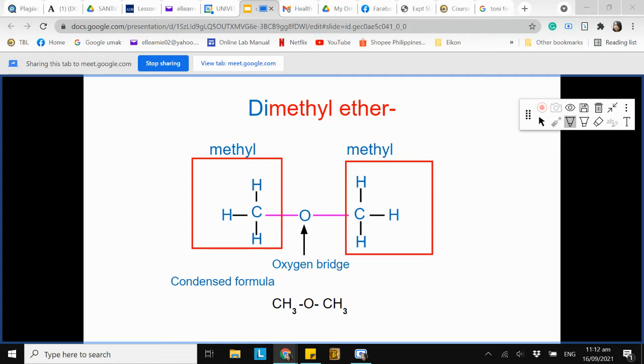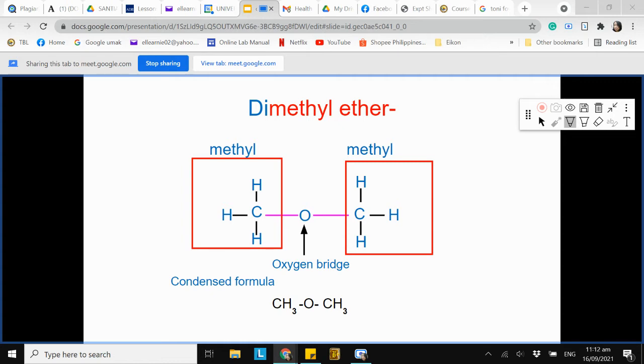Charlene. Ma'am, try lang po. Go. Methoxy methane po.